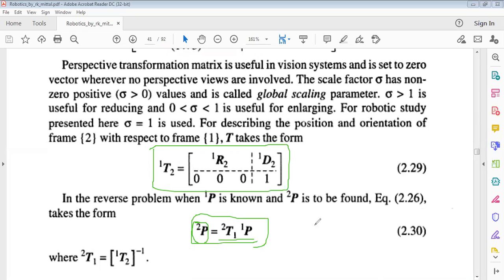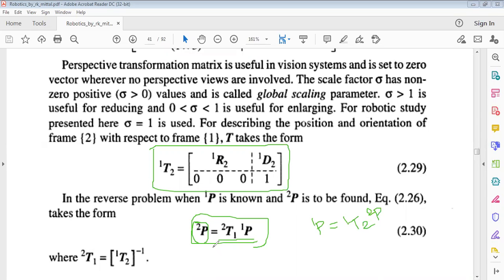The above equation, the description of point P with respect to frame 1, is equal to the transformation matrix 1T2 times 2P. This is the equation we have seen above.